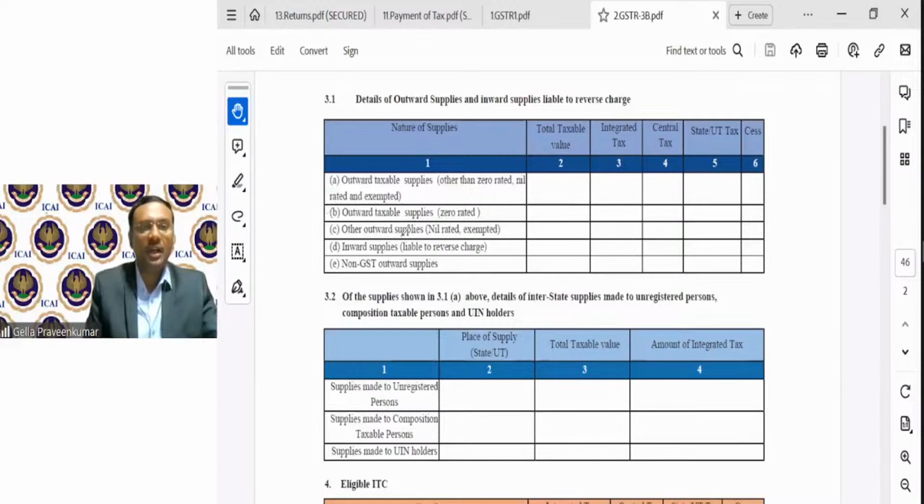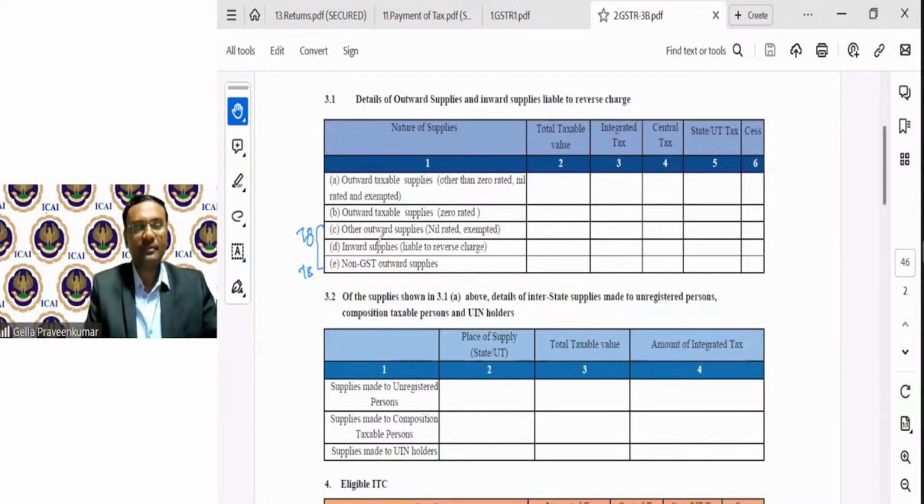Then outward supplies, nil rated, exempted. Other outward supply, remember table 8, whatever data I have filled in GSTR-1, which is nil rated, exempted, will come over here, and table 8 non-GST will come here. C and E they kept separately.